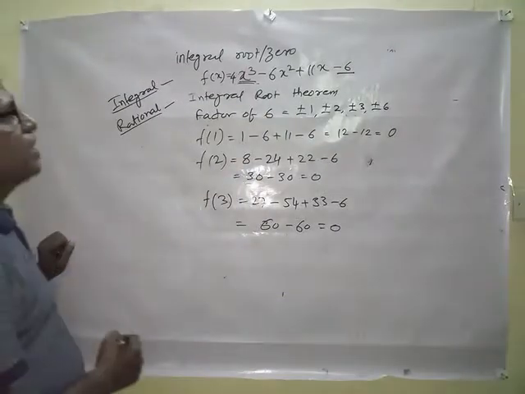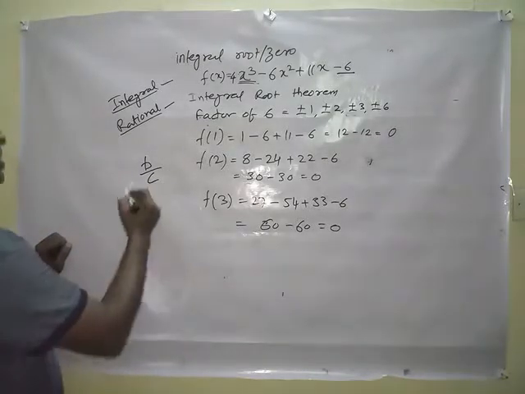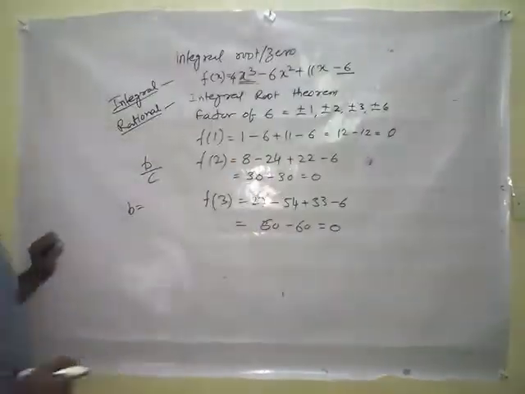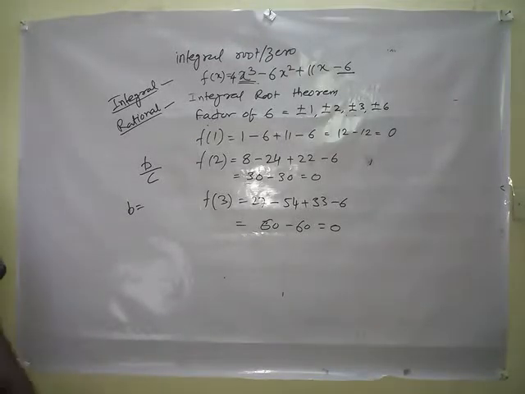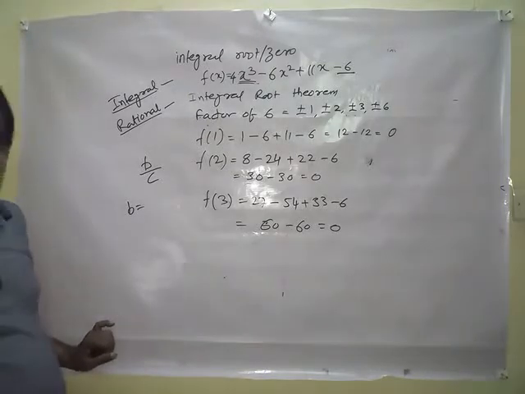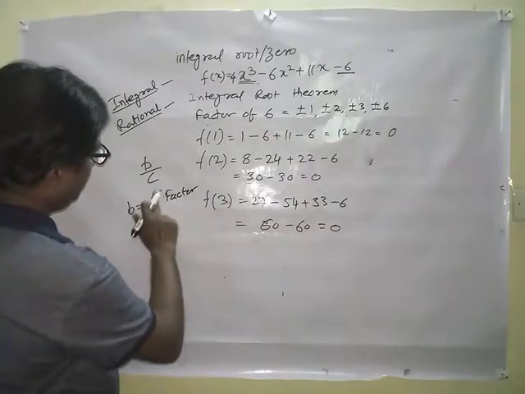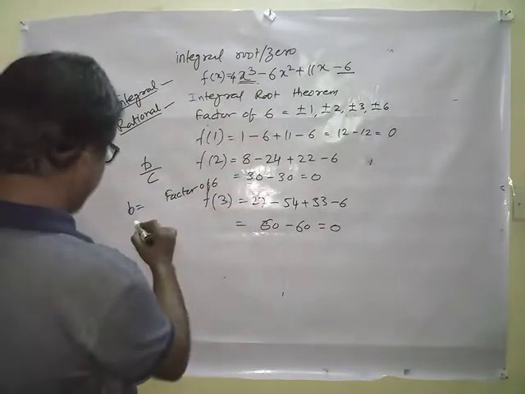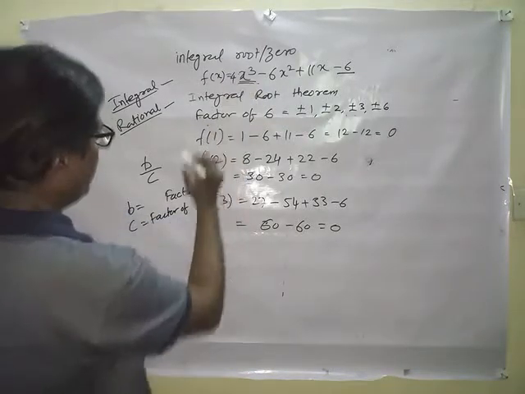it will have a rational root of the form b upon c, and the value of b will be obtained from the factors of 6, and the value of c will be obtained from the factors of this coefficient 4.